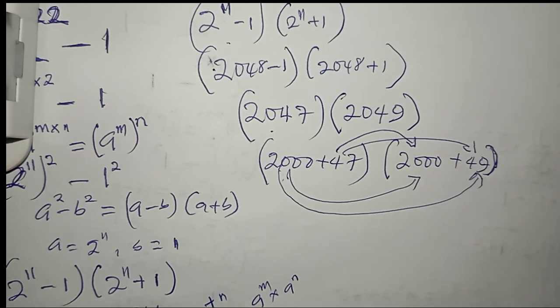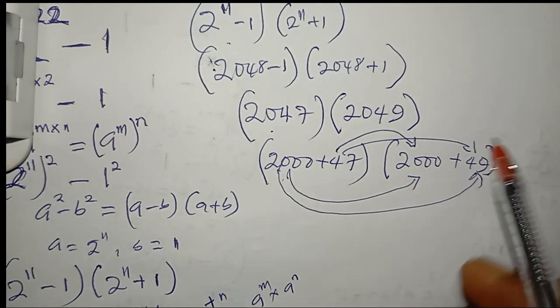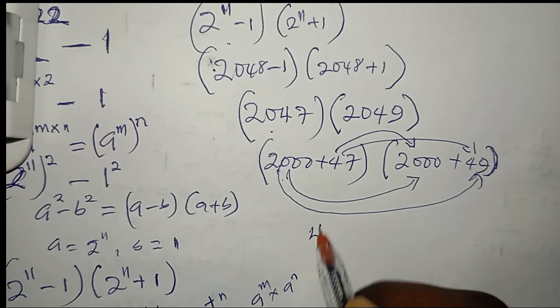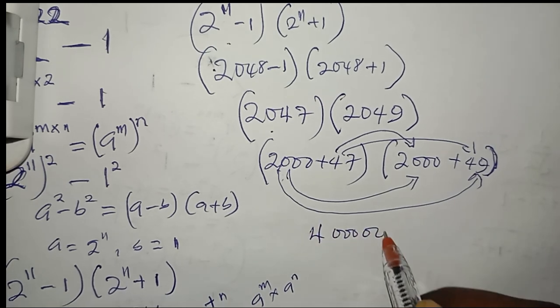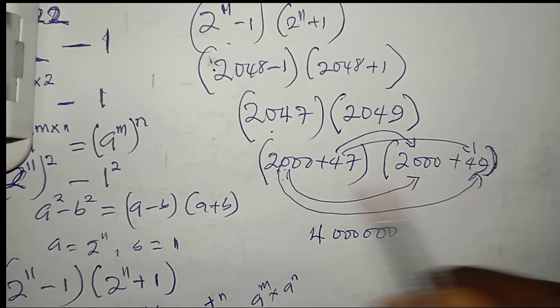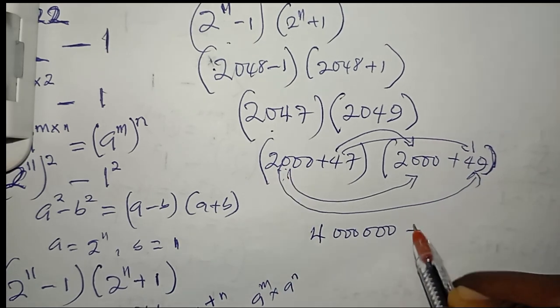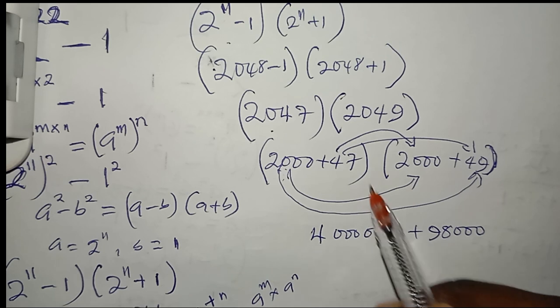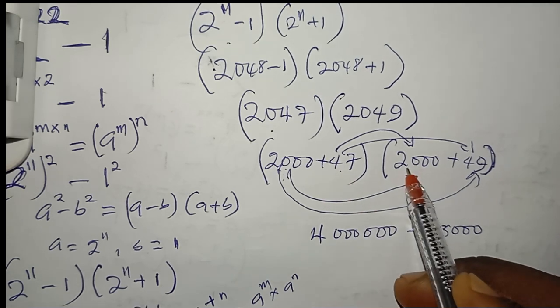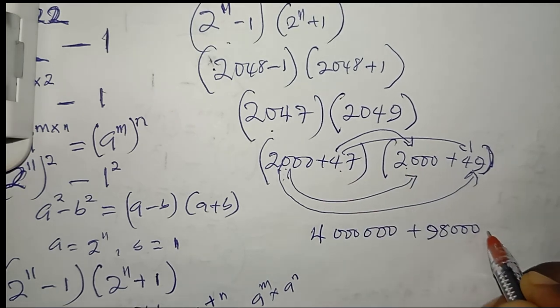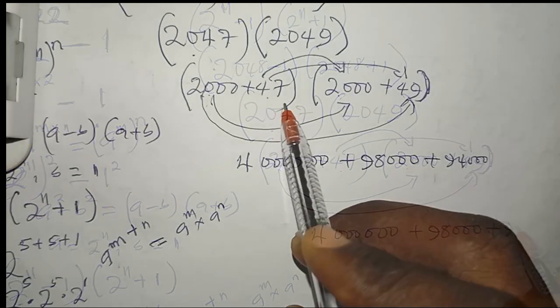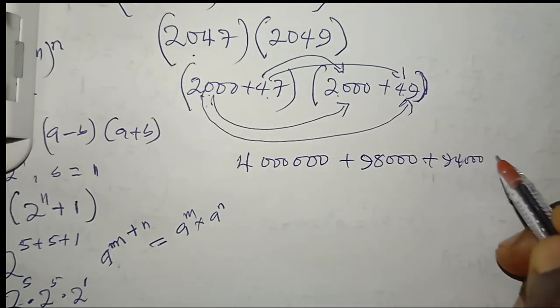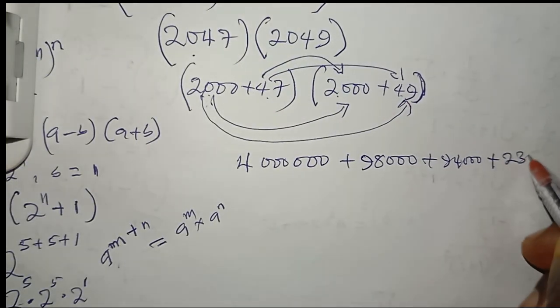If I do the multiplications, 2000 times 2000 will give us 4 million. 2000 times 49 will give us 98,000. 47 times 2000 will give us 94,000. And 47 times 49 will be equal to 2303.